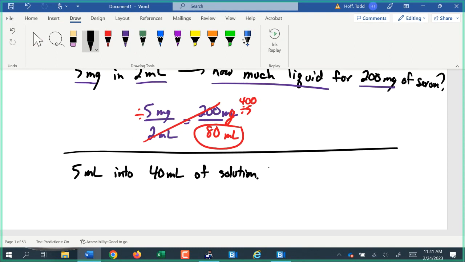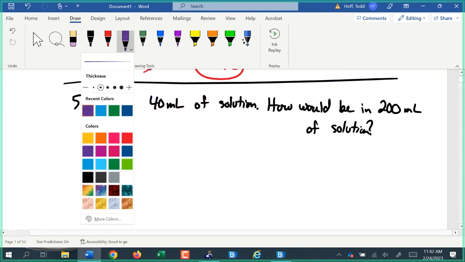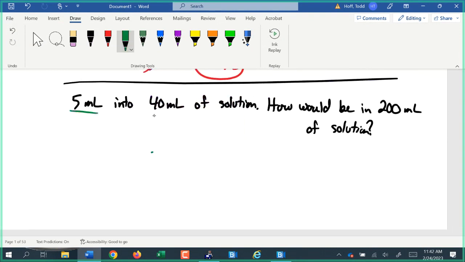So we want to know how much would be in 200 milliliters of solution. So this is a ratio. We have 5 milliliters in 40 milliliters.